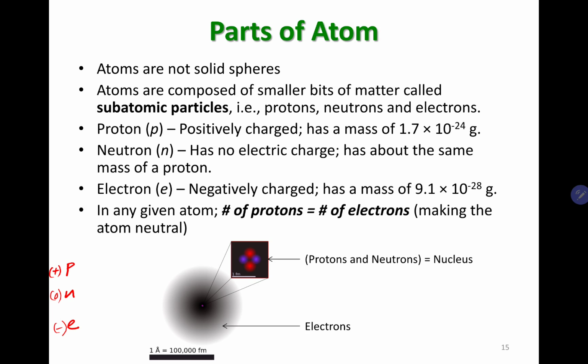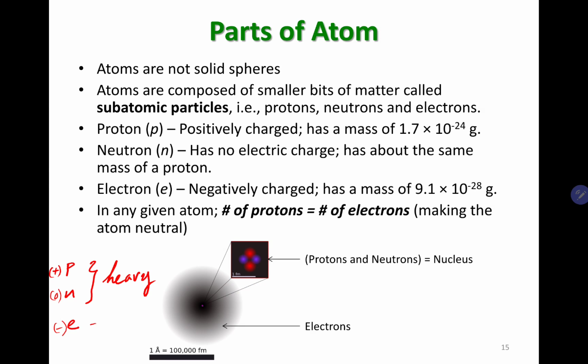The other important thing is that out of these three subatomic particles, two are heavy and the remaining one is very light. How light? It is approximately 10,000 times lighter than the heavier subatomic particles. So protons and neutrons are 10,000 times heavier than electrons.